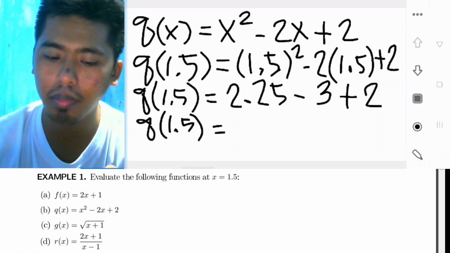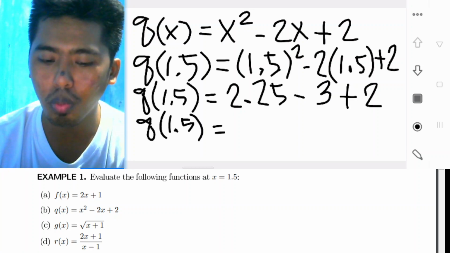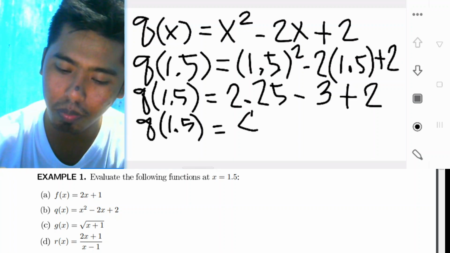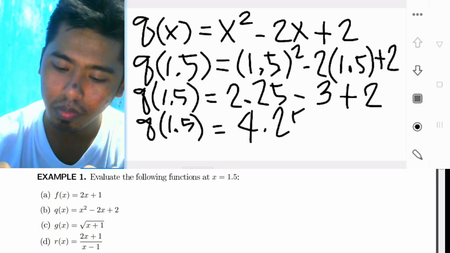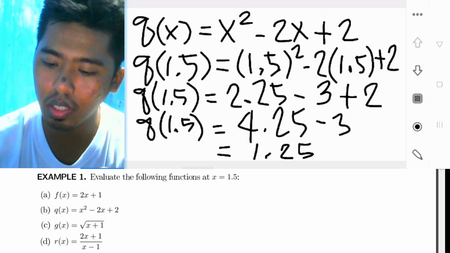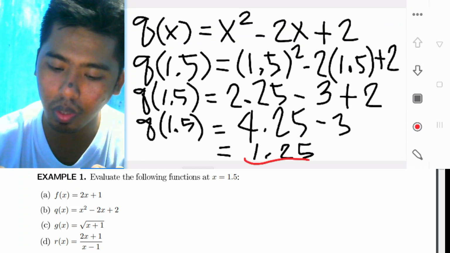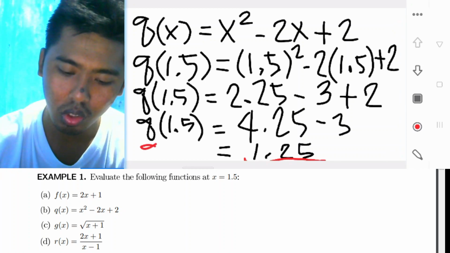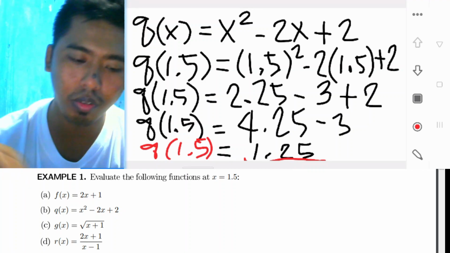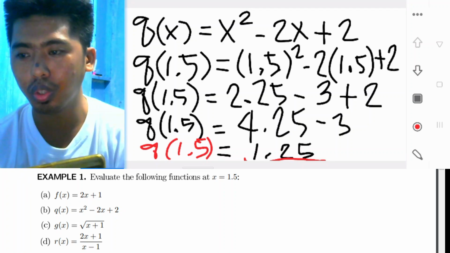Since in this example 2.25 is positive and 2 is positive, this would become 4.25 and minus 3. Therefore this would become 1.25. So the final answer for q of 1.5 is 1.25.